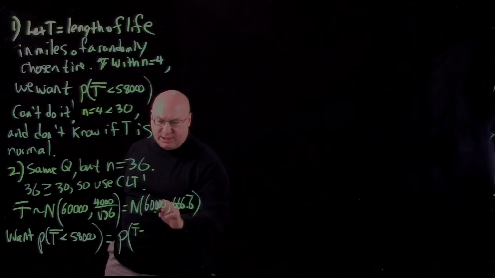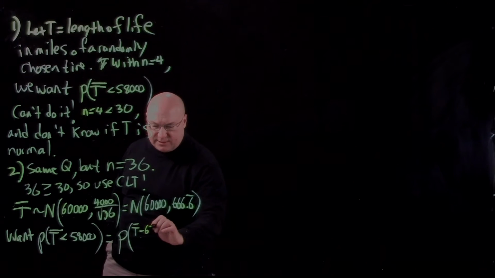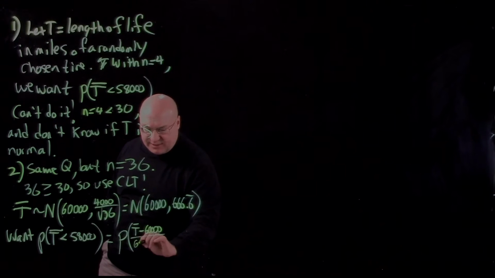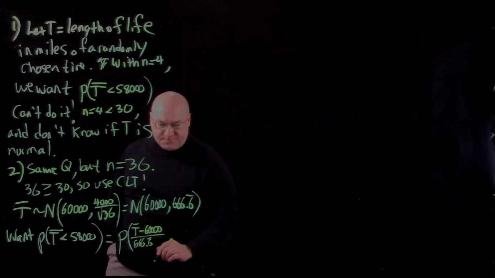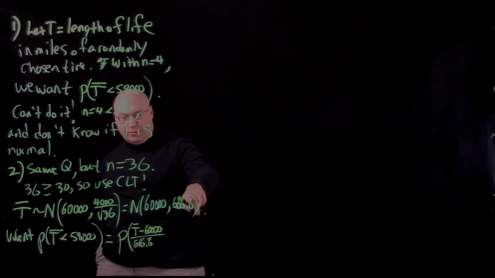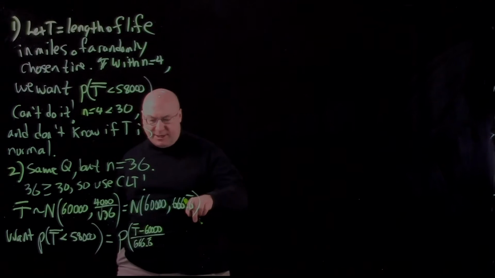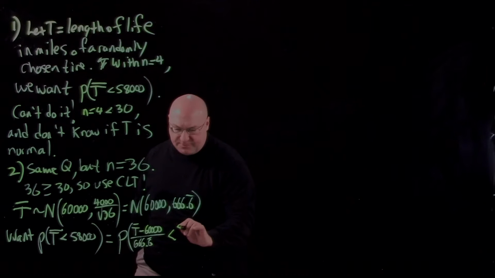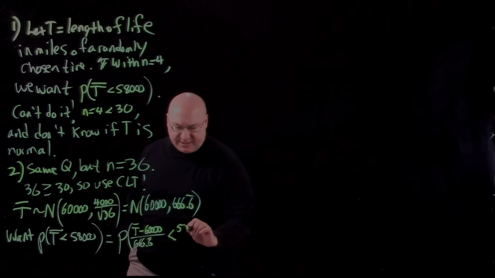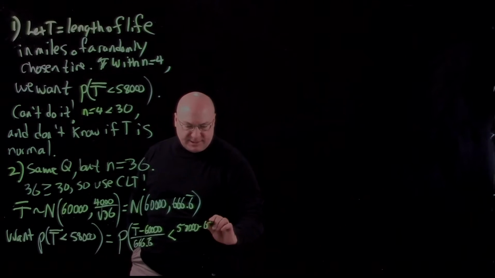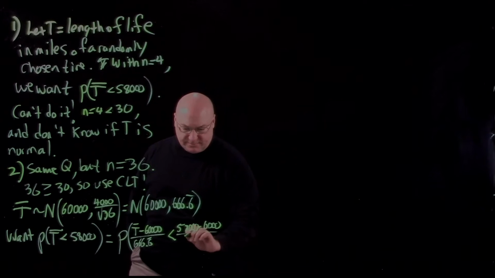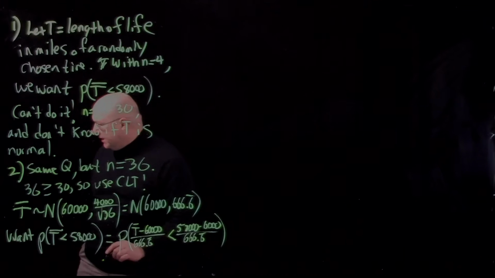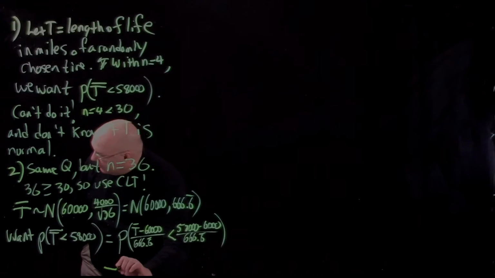So I subtract the mean, which is 60,000, divided by this standard deviation. And you might be tempted to round. I'd rather not round right now. We'll round soon enough, but I don't think we'll need to, because then we have 58,000 minus 60,000 divided by 666.6.